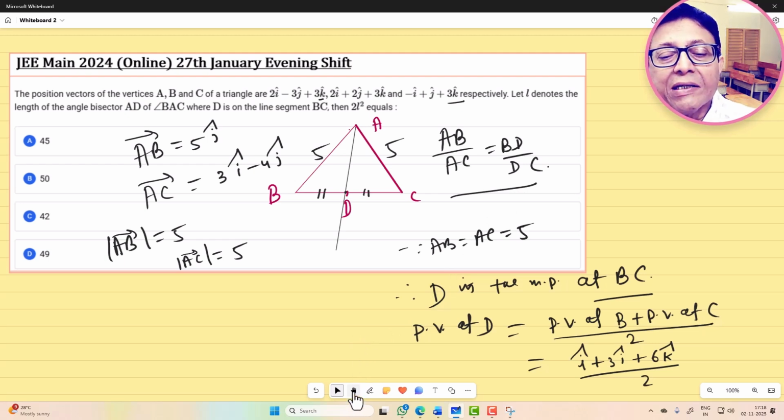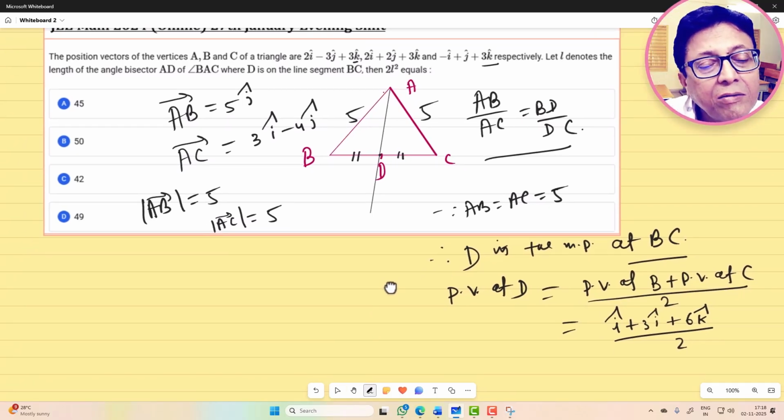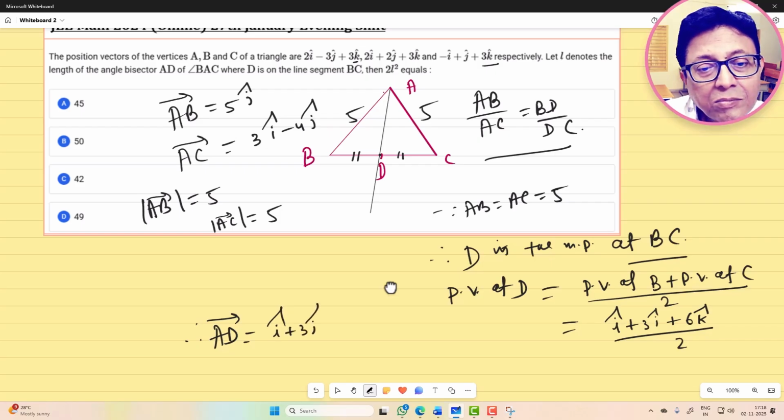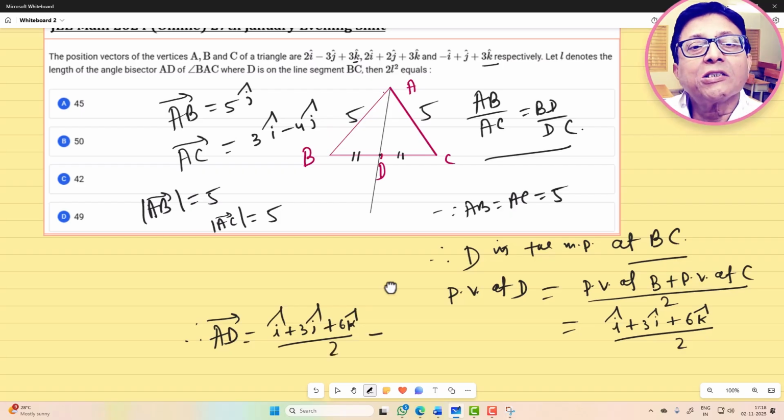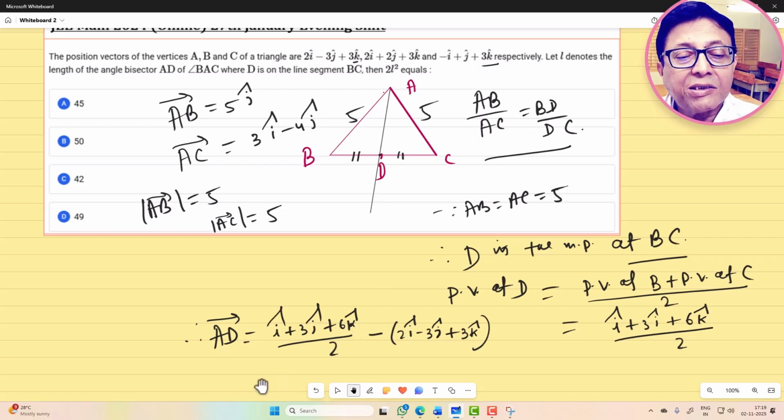Once you have D and you know the value of A, then you can write the AD vector. So AD vector is what? Position vector of D, already got, 3j plus 6k, minus position vector of A, that is 2i minus 3j plus 3k.